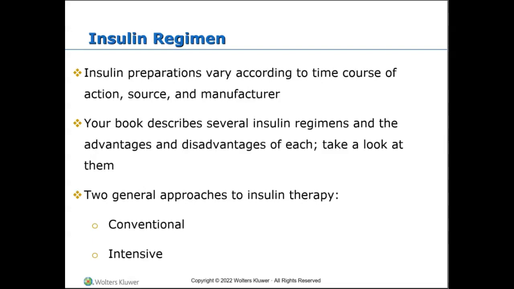So we prefer intensive insulin therapy because patients are better managed and thus have fewer complications, but we will do conventional therapy if they can't tolerate the intensive therapy. So just so you know, intensive insulin regimens are when we attempt to mimic the body's own natural pattern of insulin secretion and therefore deliver replacement insulin using the concepts of basal insulin coverage and bolus insulin coverage, right? So we're trying to mimic the pancreas, basically, right?